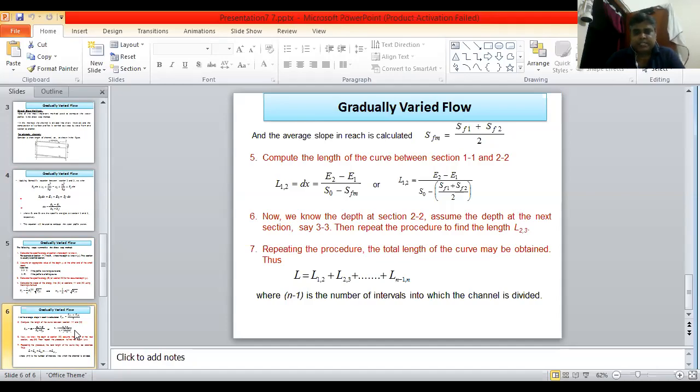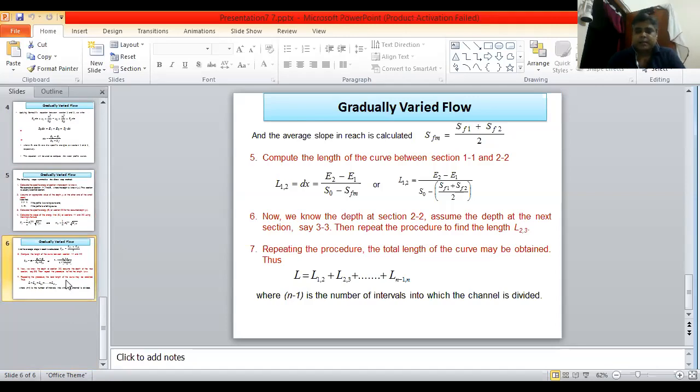Repeating the procedure, the total length of the curve may be obtained. Thus, L = L12 + L23 + up to L(n-1,n), where n-1 is the number of intervals into which the channel is divided.